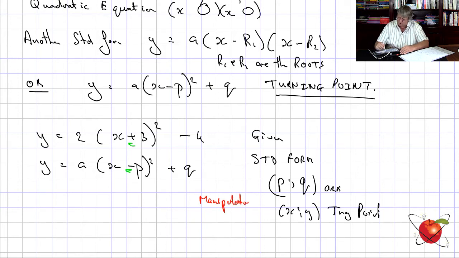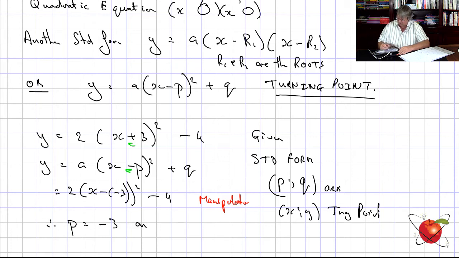We just rewrite it in terms of this, and we say it's 2 times x minus minus 3 all squared, my bad, I'm thinking of the standard form here, minus 4. Therefore, p equals minus 3 and q equals minus 4. So the turning point is minus 3, minus 4.